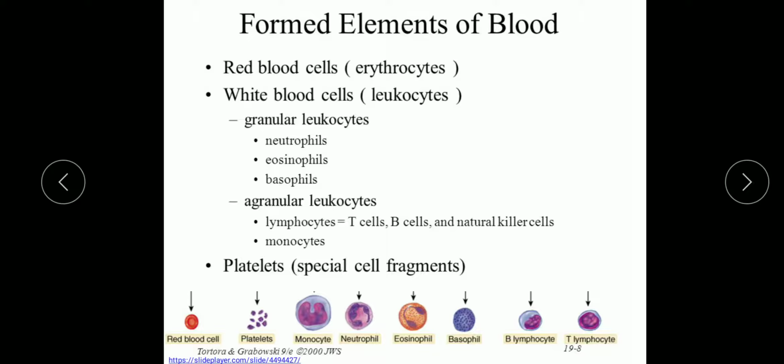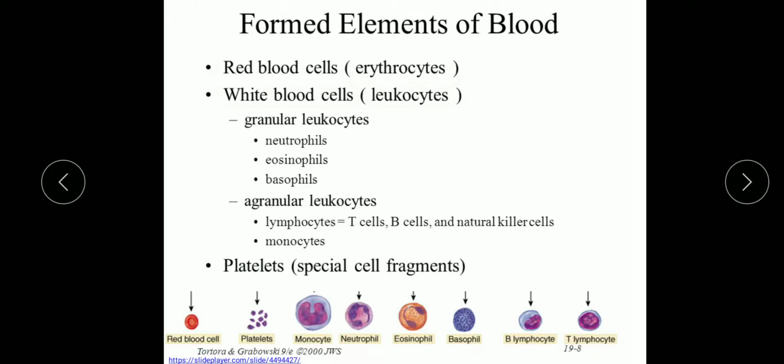Granular leukocytes include neutrophils, eosinophils and basophils, whereas agranular leukocytes include lymphocytes and monocytes.